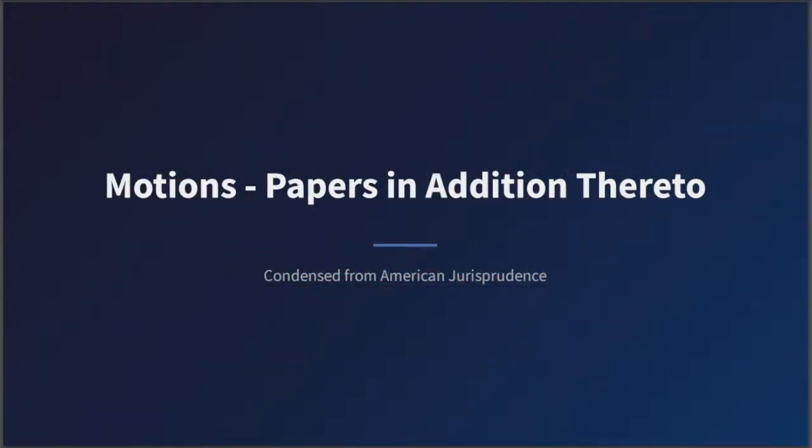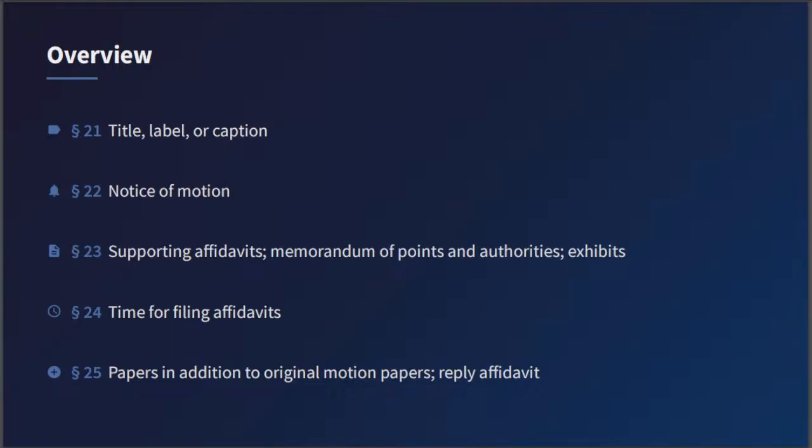So we're on to the motions, papers and additions thereto from American Jurisprudence. We're going to be going over just a few sections tonight, but they're rather dense. Section 21, which is title, label, or caption. Section 22, which is the notice of motion, which is distinct from the motion itself.